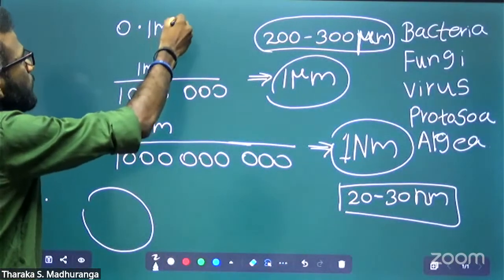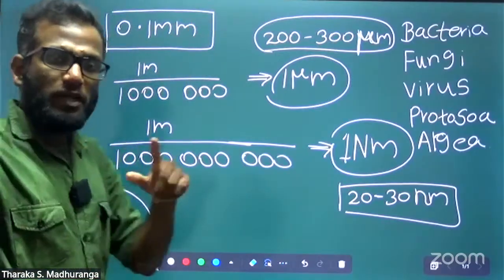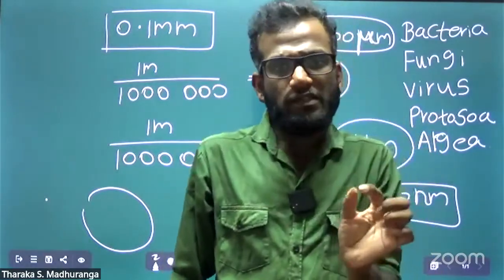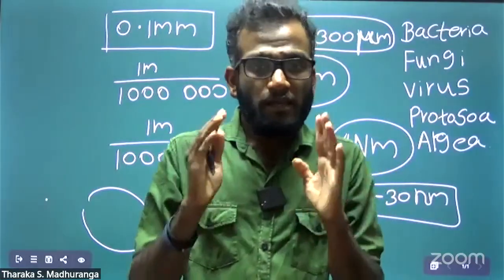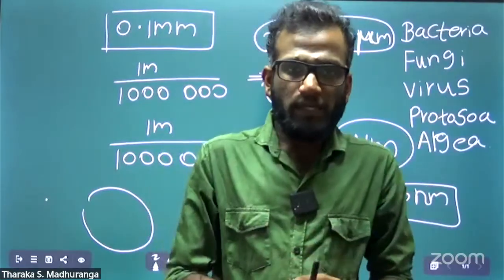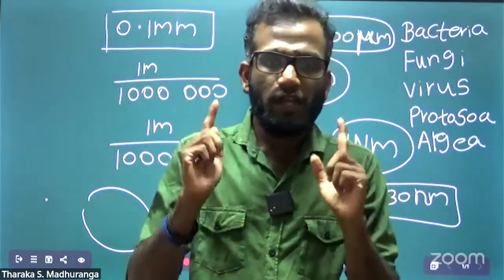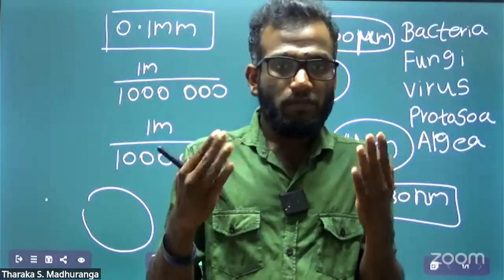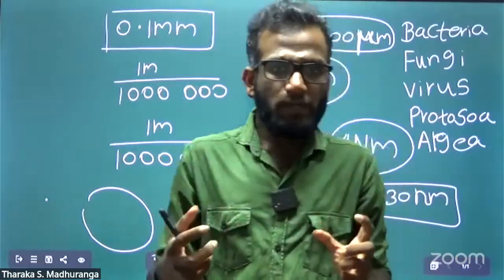Last day also I explained that the minimum size that we can observe with our naked eye is 0.1 millimeter. Naked eye means normal eye, without any instrument or equipment.